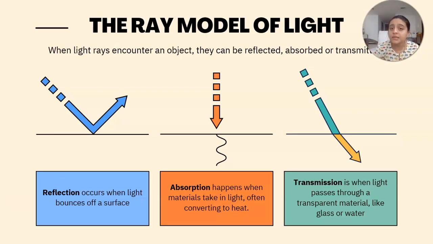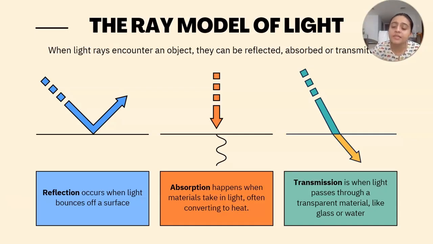Because those shades absorb the sunlight and reduce the effect of light, so that our eyes are protected from the harsh sunlight. In that case the sunlight is being absorbed. So three things happen when light falls on certain objects: it is either going to reflect, absorb, or transmit. We are going to learn these processes one by one.